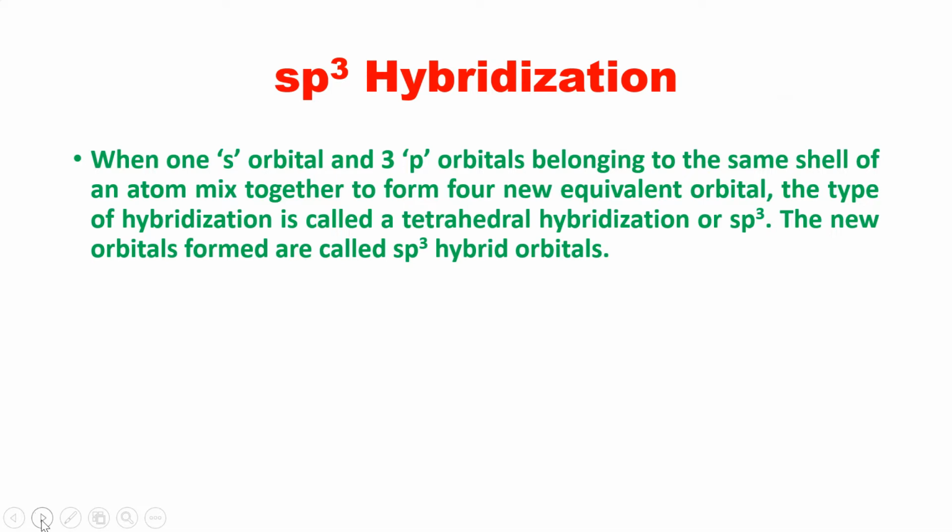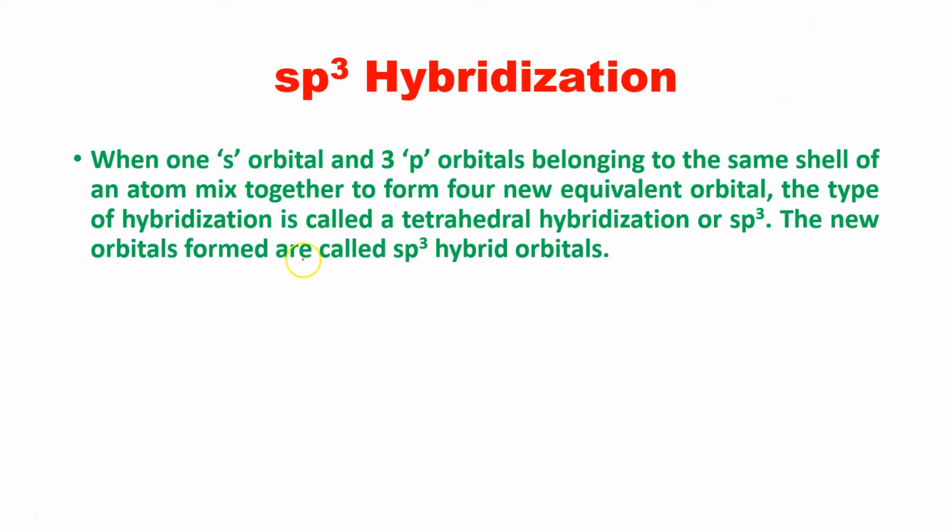This type of hybridization is called sp3 hybridization, or it is also said to be tetrahedral hybridization. It is called tetrahedral because when we come towards the geometry of the molecule formed after sp3 hybridization, it is tetrahedral geometry.